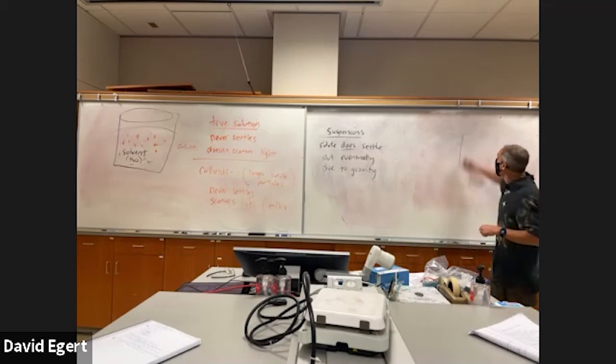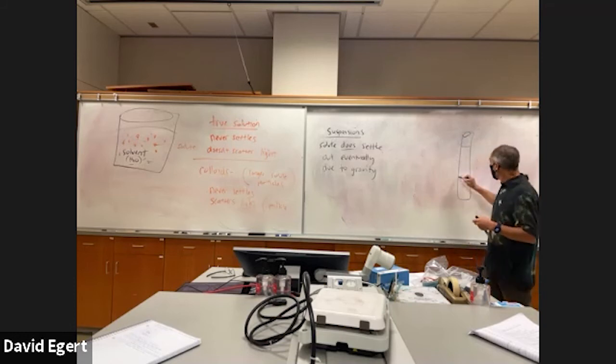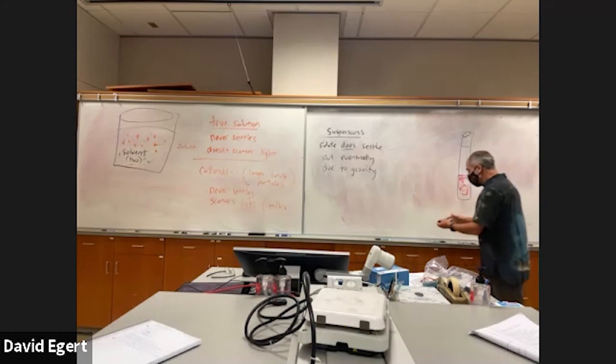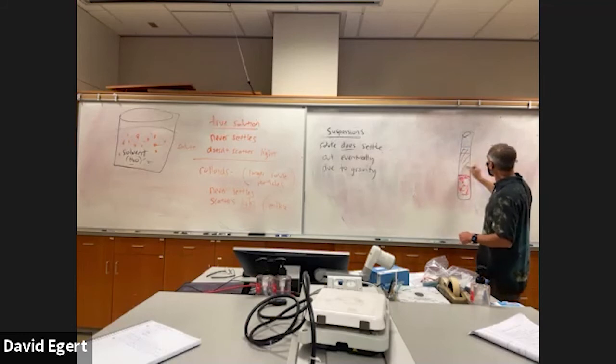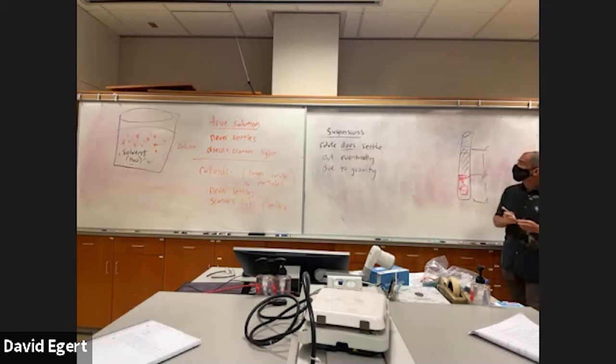We'll take a sample of your blood. We can actually increase gravity by putting it in a centrifuge, basically just increasing the force of gravity. All the blood cells will get pulled to the bottom. The plasma will be on the top, and we can just see what is the ratio of plasma to cells. That only works because blood cells are big enough to get pulled to the bottom by gravity. So blood is a suspension.